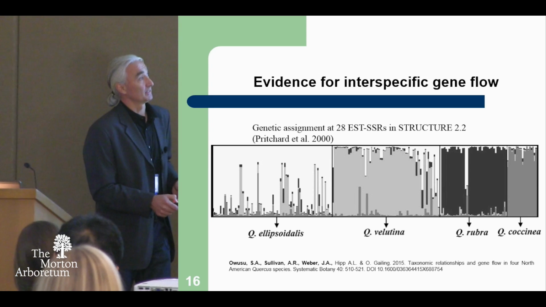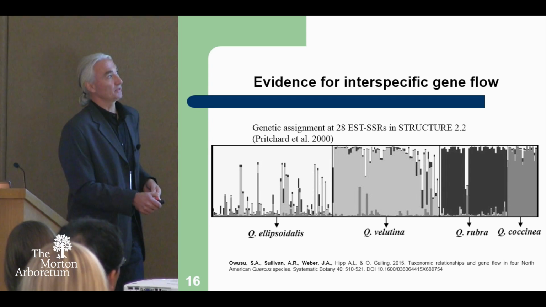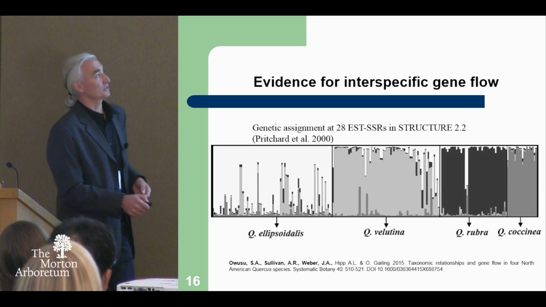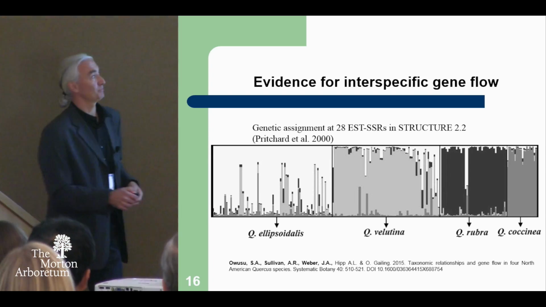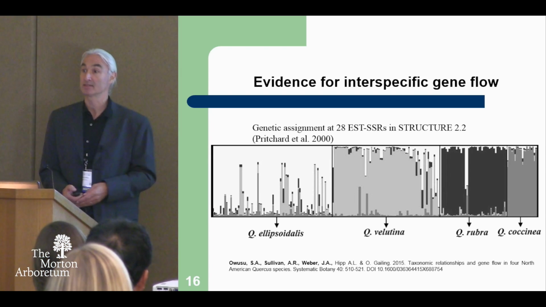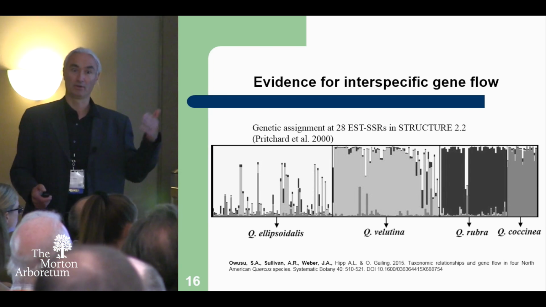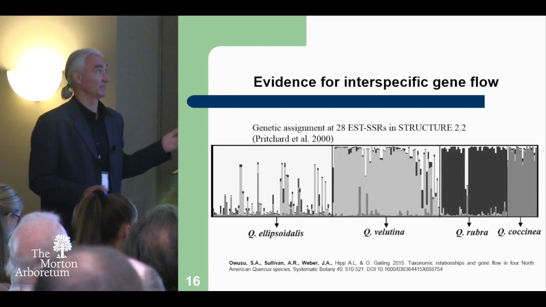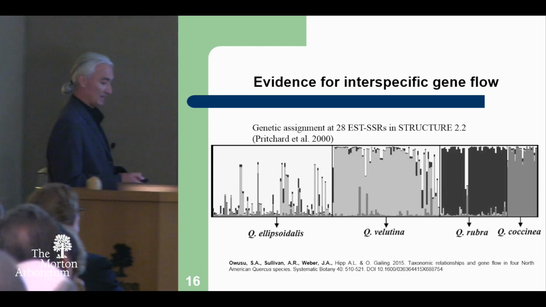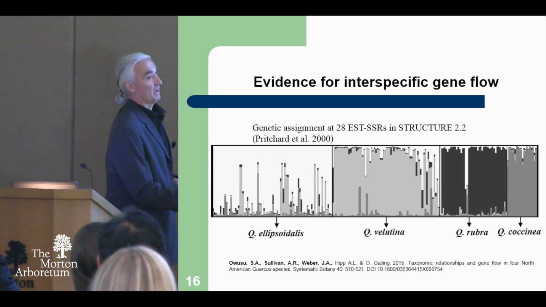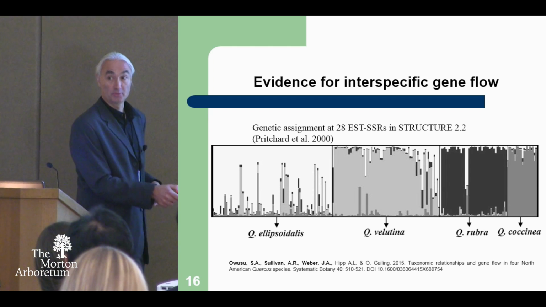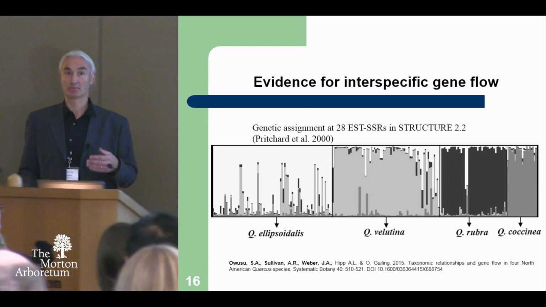But interestingly, when we excluded the hybrids, Quercus coccinea is a sister species to ellipsoidalis, and their ranges are parapatric. They barely or not at all overlap, and we see there is no evidence of introgression between Quercus coccinea and ellipsoidalis.